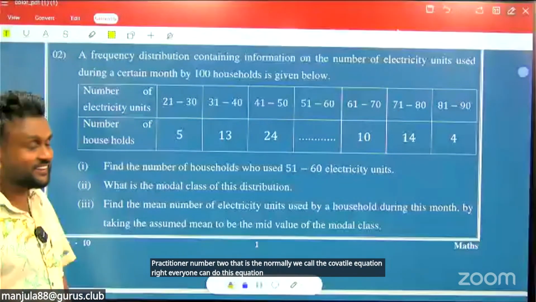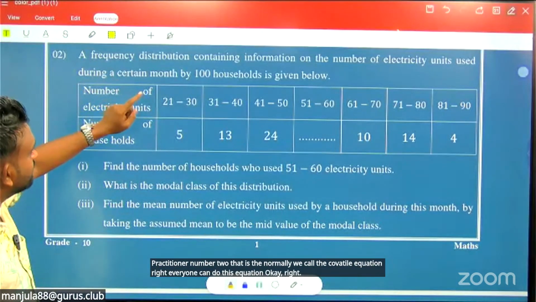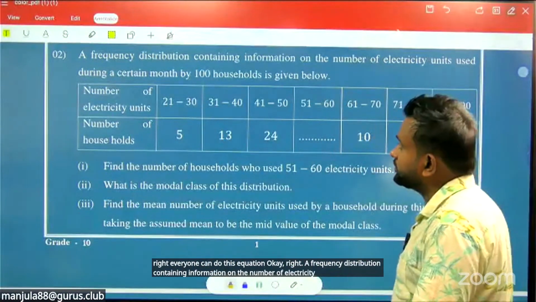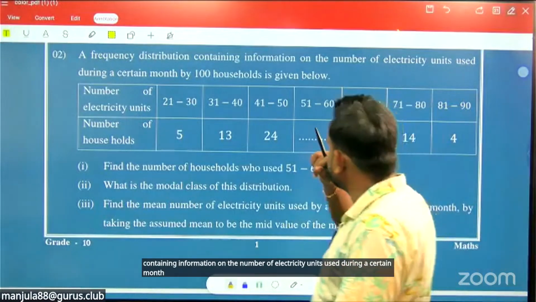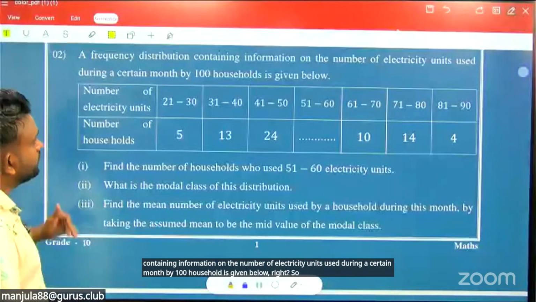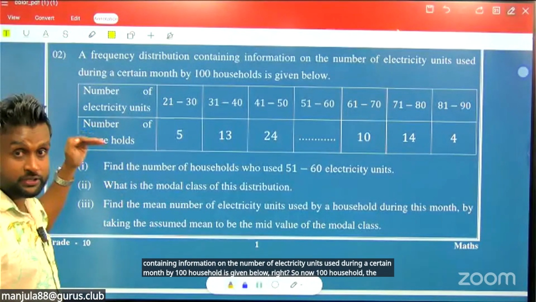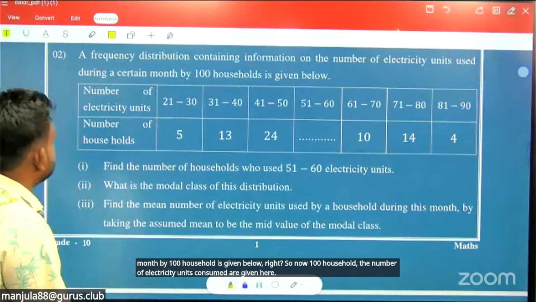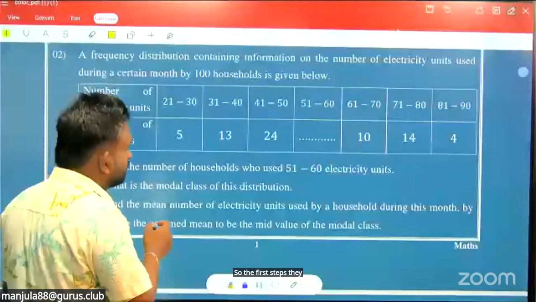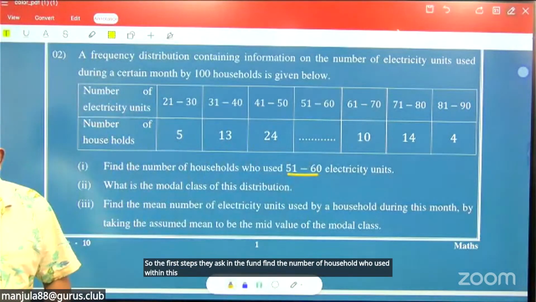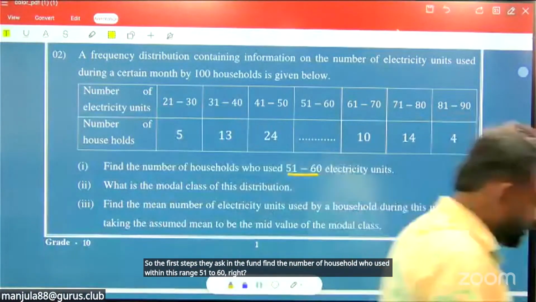A frequency distribution containing information on the number of electricity units used during a certain month by 100 households is given below. So the first step, they ask to find the number of households who used within the range 51 to 60.